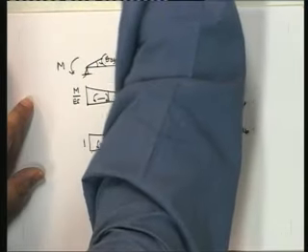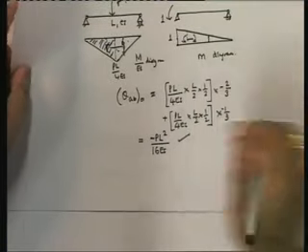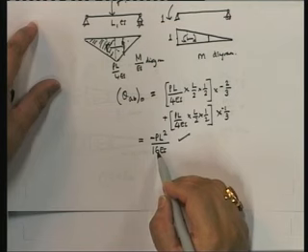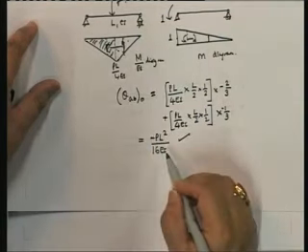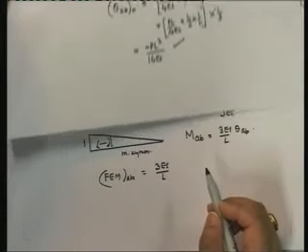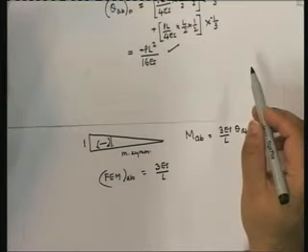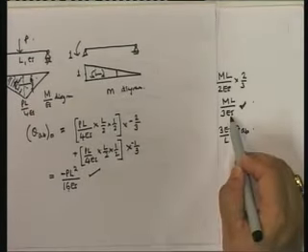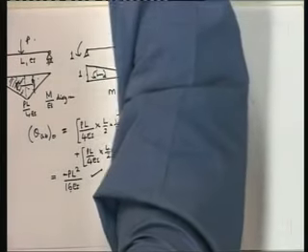So you see what we are getting is that theta AB is equal to minus PL squared upon 6EI. Minus is obvious because this is clockwise. Minus means clockwise. And this plus this plus this is equal to 0, because that is what you have here.